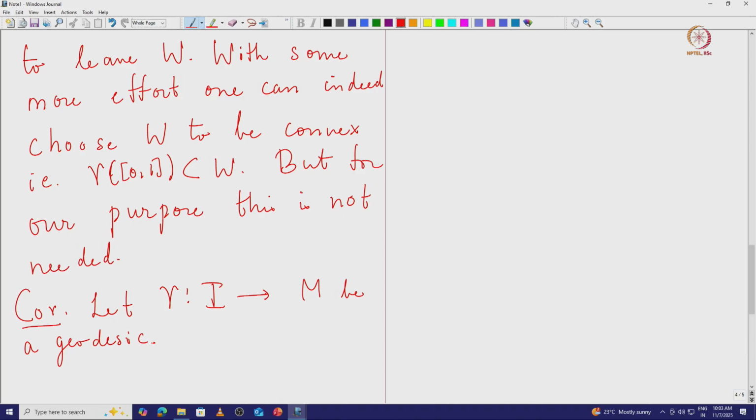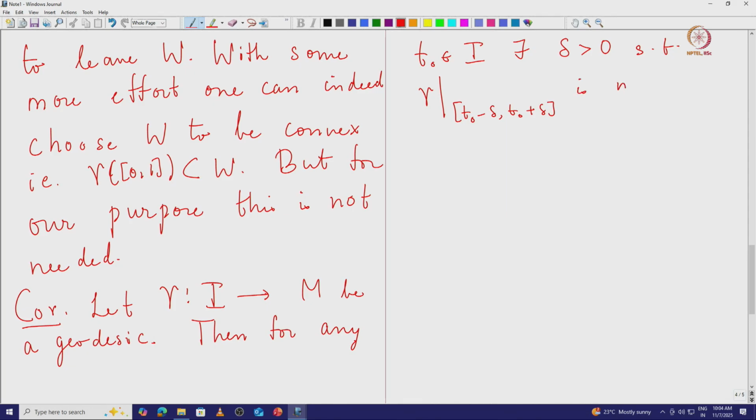Then for any T naught in the interval there exists a delta, of course depending on T naught, such that if you take the restriction of gamma to this small interval around T naught, this is minimal.